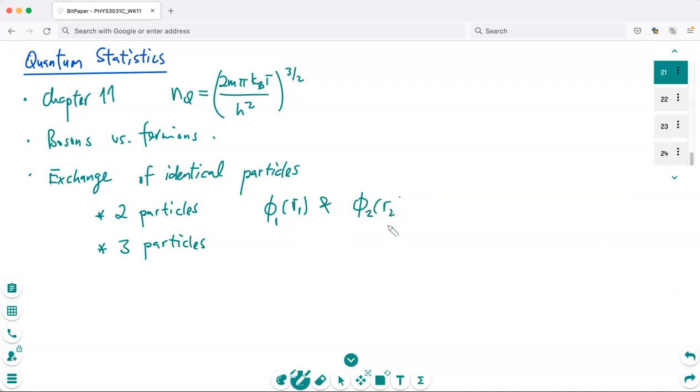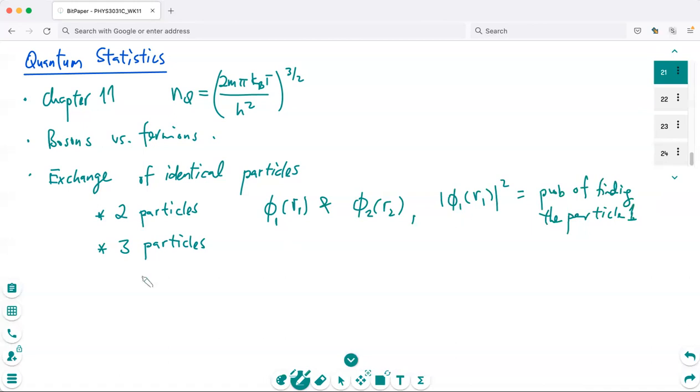All right, so I will have R2 for this. This can, for example, be the same type of particle, an identical particle, but sitting at a different coordinate. And therefore, you will have the usual interpretation, right? If I take this square, that tells you the probability of finding this particle. Actually, finding particle 1, because I take phi 1.